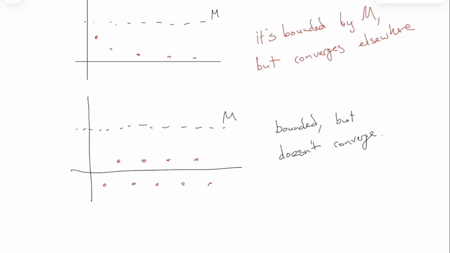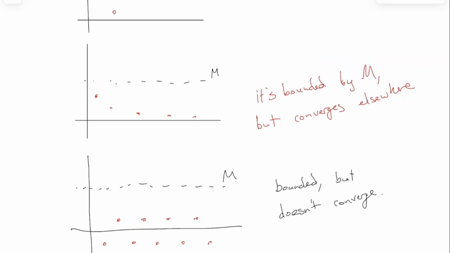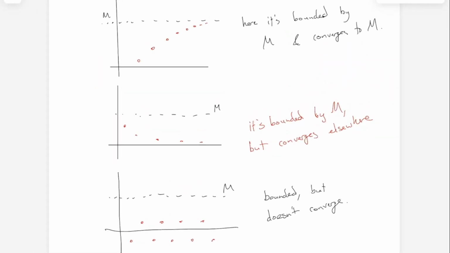This suggests that there's really no simple relationship between boundedness and convergence. It can be bounded and converge to the bound, it could converge to something else, or it can converge to nothing at all. So the concepts of boundedness and convergence are not easily related. There is a relationship, though. Maybe we will start off next time talking about it.